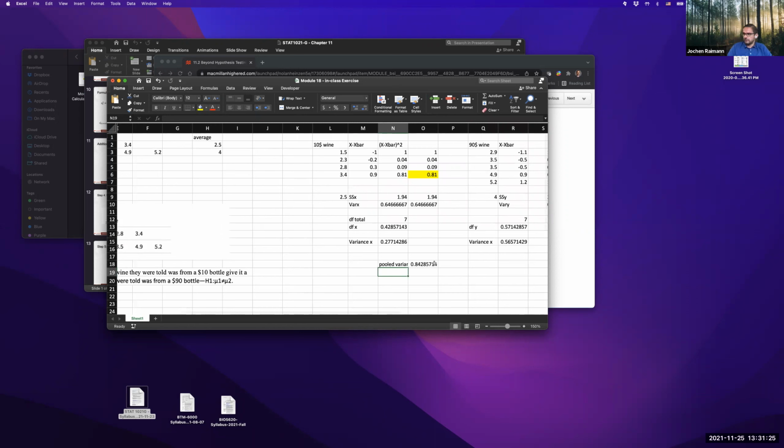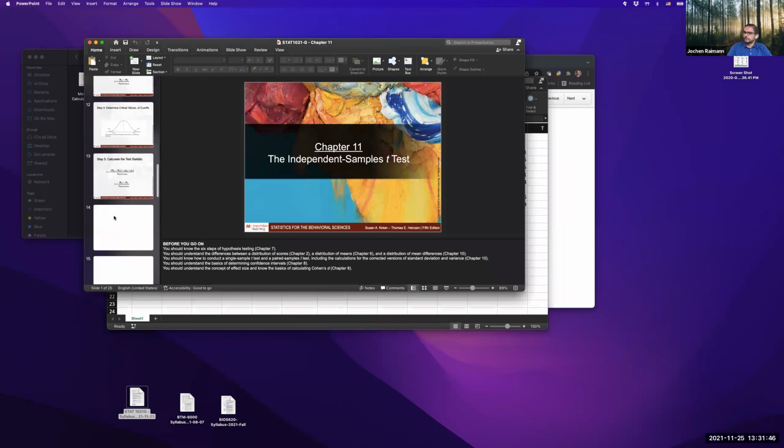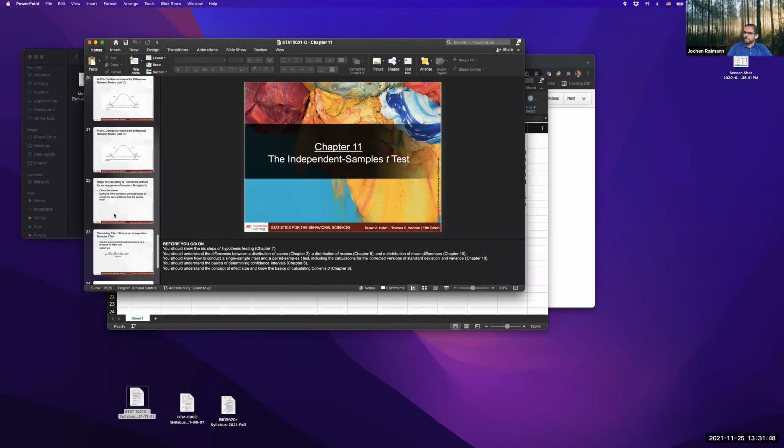These 0.84 allow us now to more specifically get to the standard error of the mean squared. We're still squared. So this is an SEM X and SEM Y. But careful, it's still squared, right? So we're still on the squared line. Norton and Heinzen, if you look here at the slide, are labeling this differently.